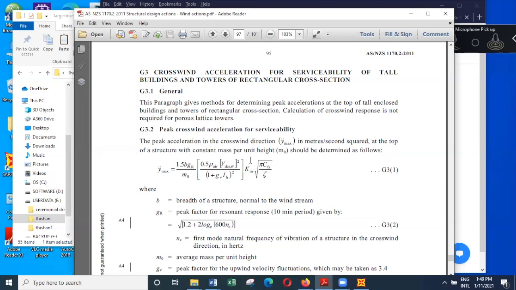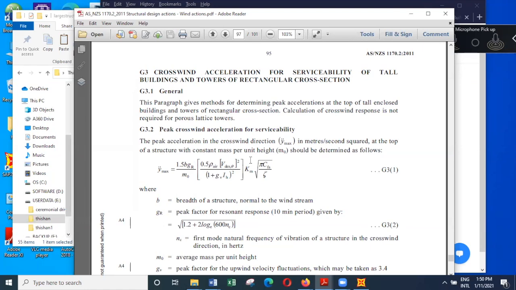So if you look at this code, you'll find that wind pressure is given by K times Vs squared, which is a usual equation that is used in almost all the wind codes. And finally, it will allow you to calculate the wind induced acceleration in the building.